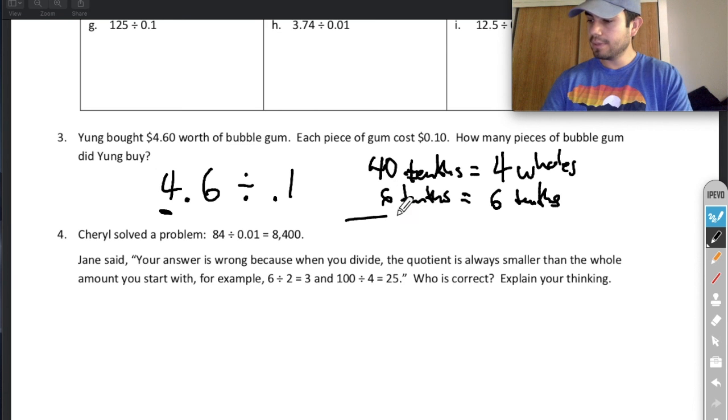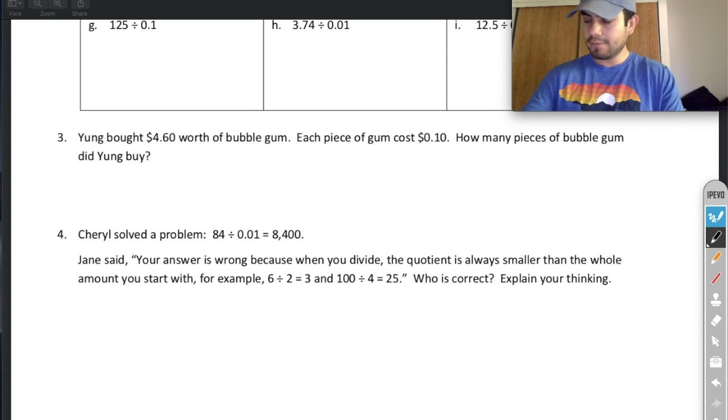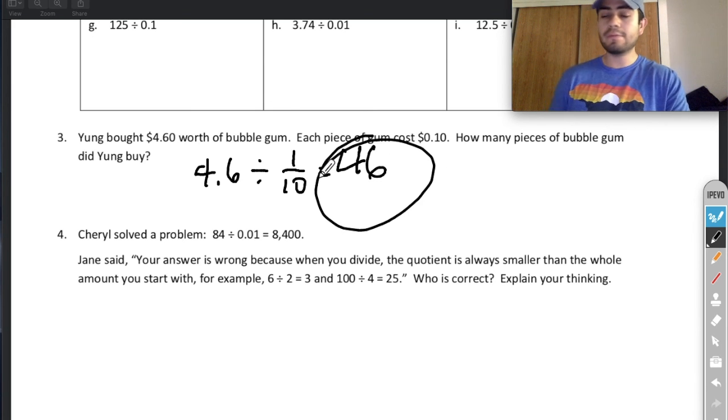So in total here are 46 that we got. And if I rewrite it as 4 and 6 tenths divided by 1/10, you get 46. So in total, this person bought 46 pieces of gum.